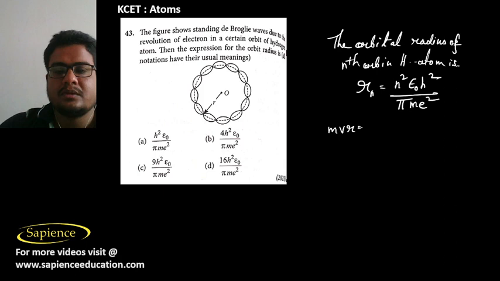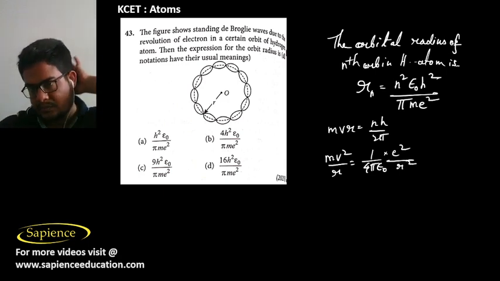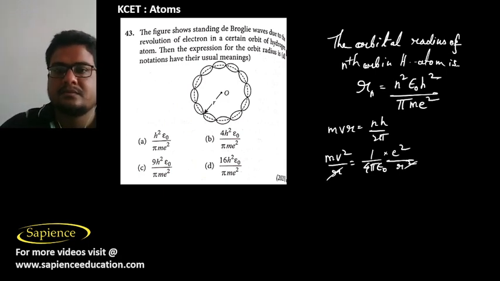mvr is equal to nh by 2 pi, and we know that mv square by r equals 1 by 4 pi epsilon naught into e square by r square. R will cancel. So from here mv square r is equal to e square by 4 pi epsilon naught.